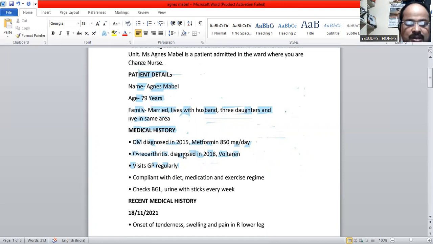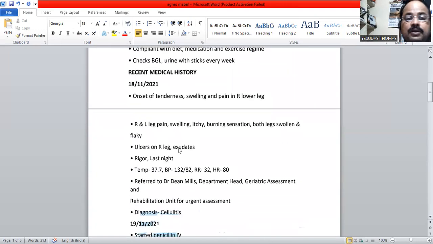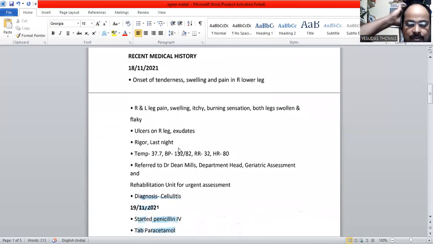Her blood glucose level and urine sticks are assessed every week. Now let's go ahead and see what exactly the present problems are.